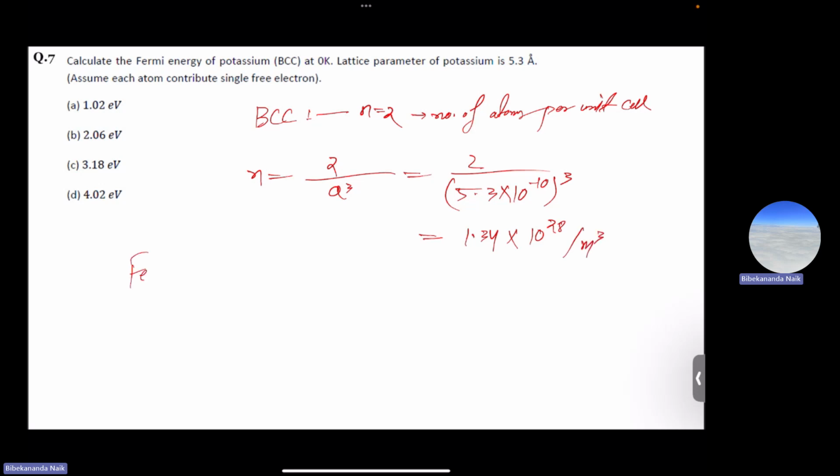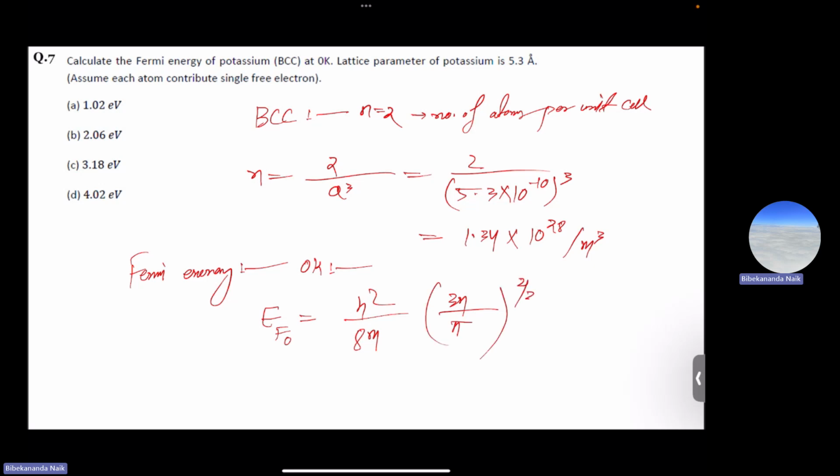Then the Fermi energy at 0K will be EF0 equals h square by 8m into (3n by pi) to the power 2 by 3.